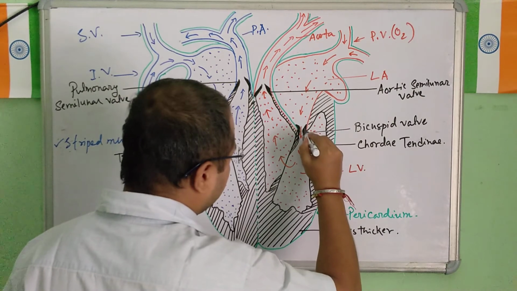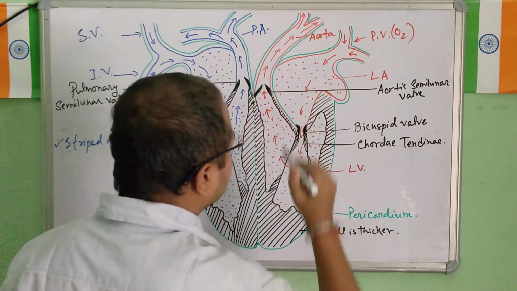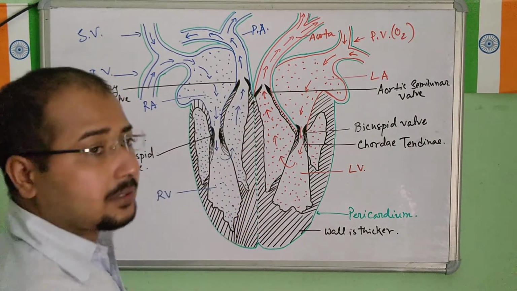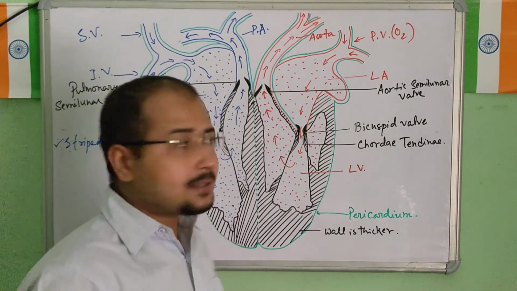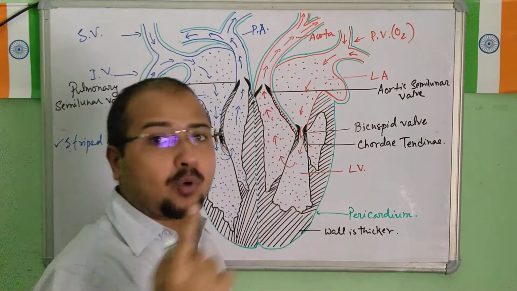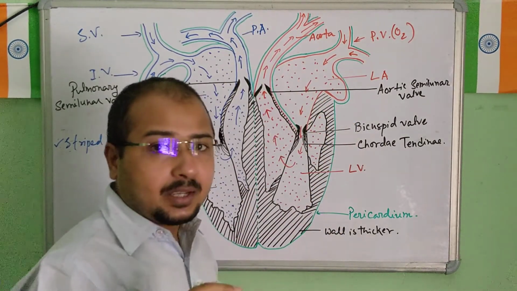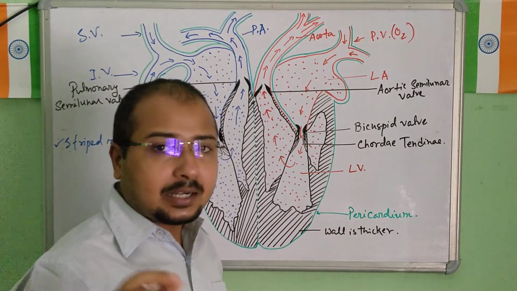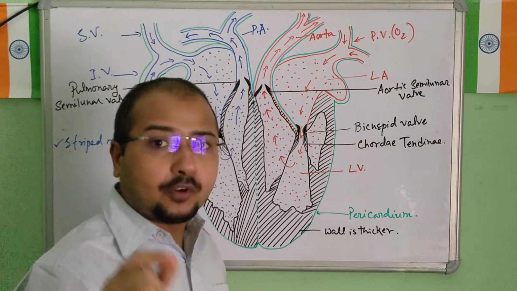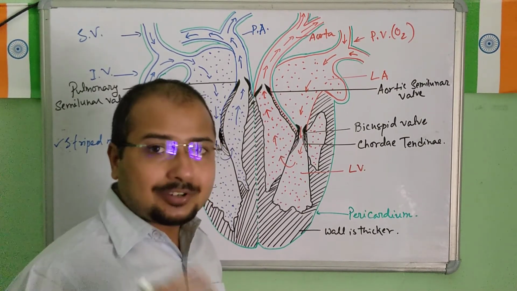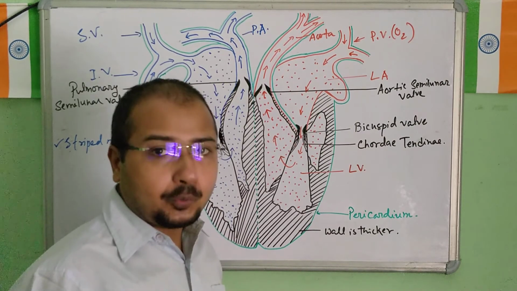The second sound comes because of the closure of the semilunar valves, the dub sound. So one circulation of the blood through the heart means one beat, that includes lub dub, and one beat pumps out 70 ml of blood, that is the stroke volume. So per beat, the heart pumps out 70 ml of blood.